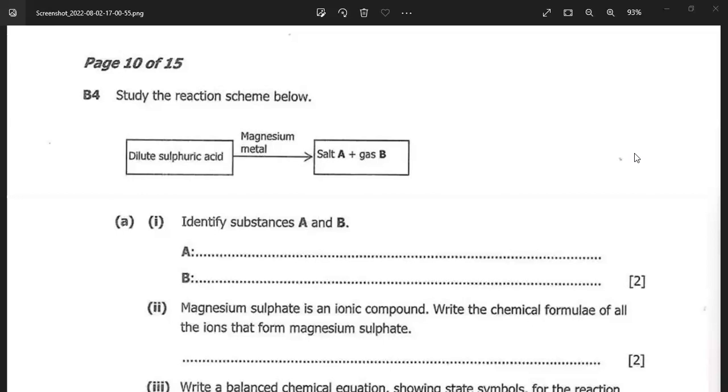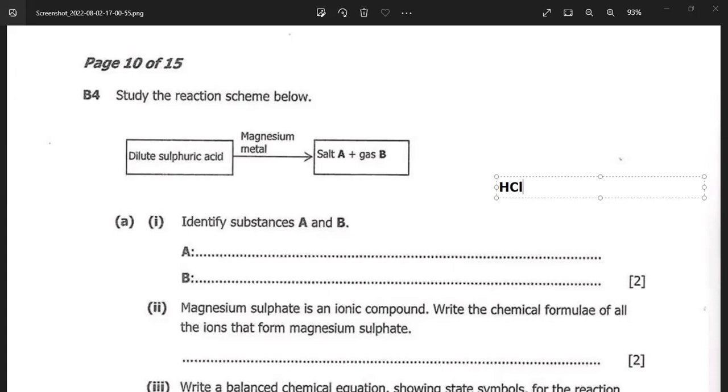Sulfuric acid has a sulfate, because it's H2SO4. Then hydrochloric acid has a chloride, because it's HCl, of course.